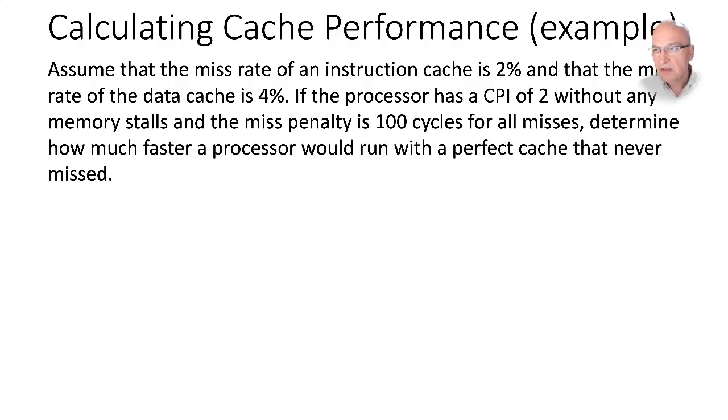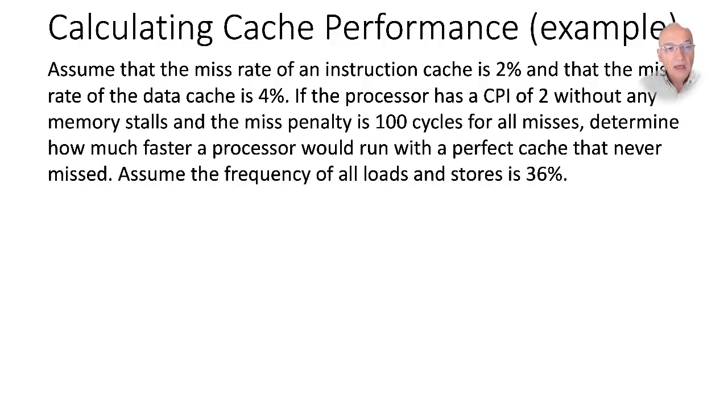The question that we need to solve is how much faster a processor would run if it had a perfect cache that never misses. So we have a real cache. In our real cache, in the instruction cache, I have a 2% miss ratio and a 4% miss ratio in the data cache. And we're going to assume that the frequency of all loads and stores is 36%.